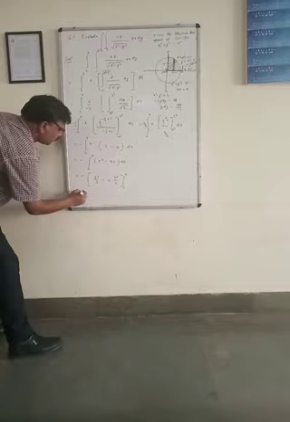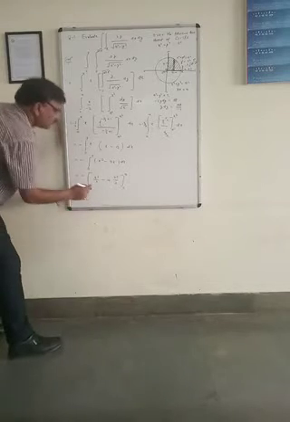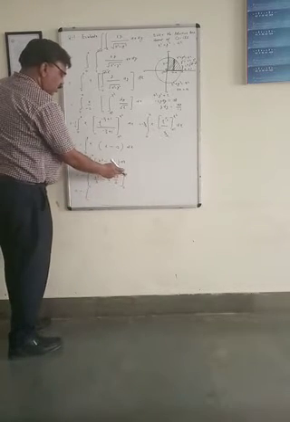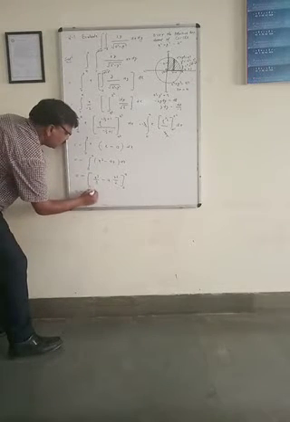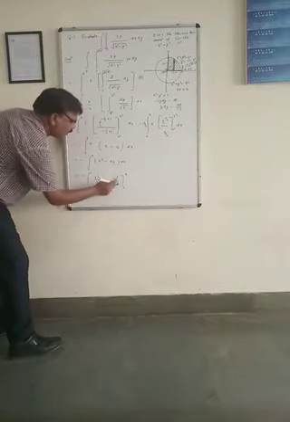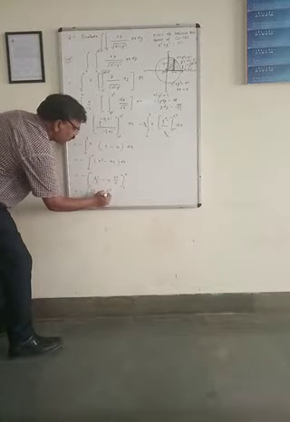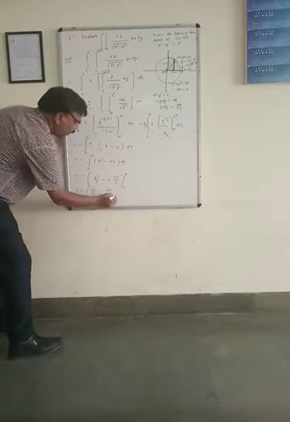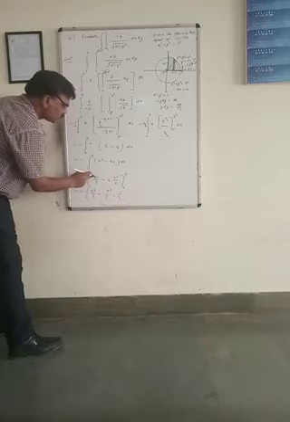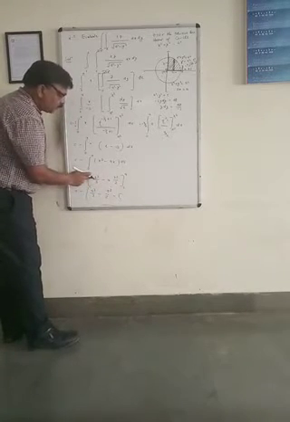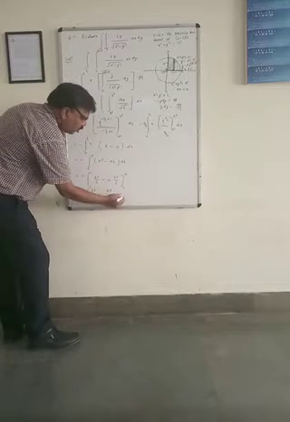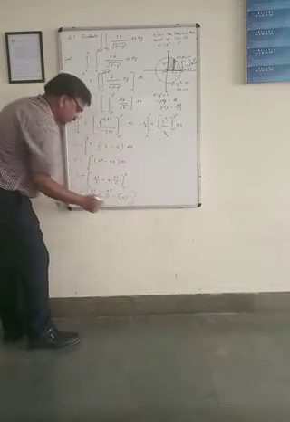Again, putting the upper limit in place of x, it gives a cube upon 3 minus a cube upon 2, minus, if we substitute the lower limit in place of x, all terms will vanish.